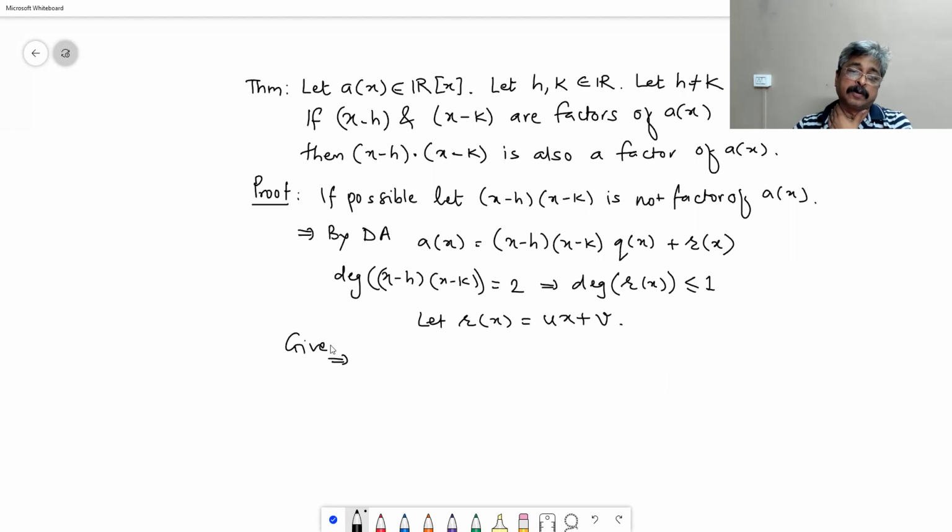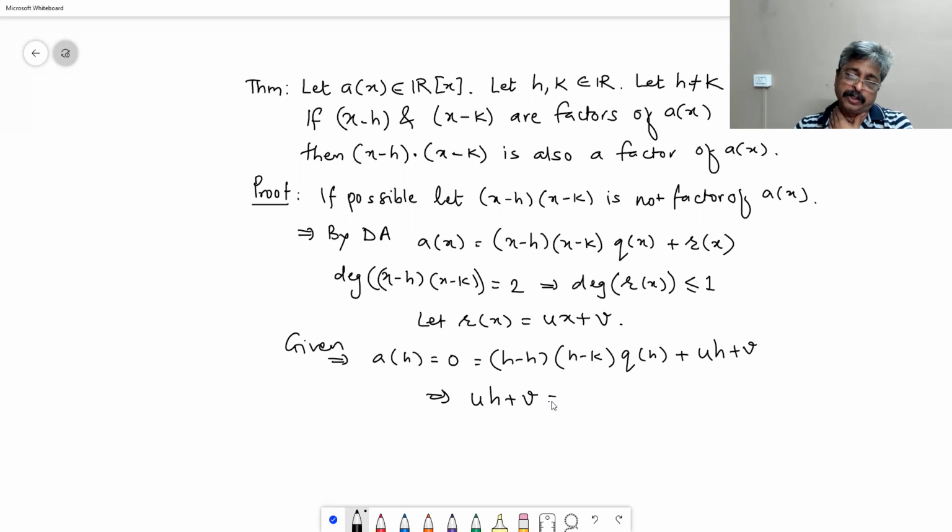Given a(h) is equal to 0, which is equal to (h minus h)(h minus k) q(h) plus uh plus v, implies uh plus v is equal to 0.